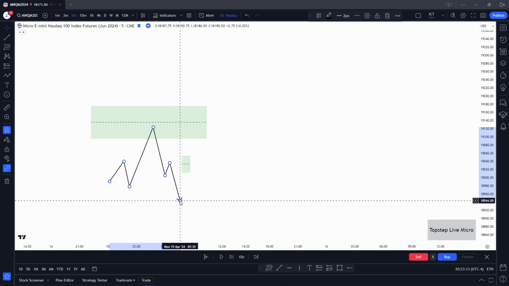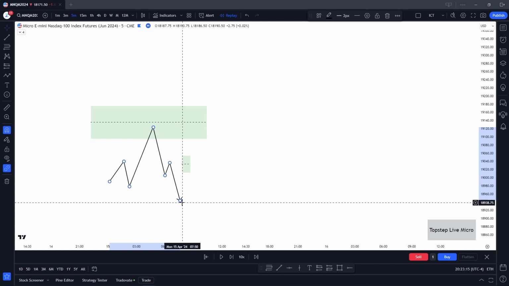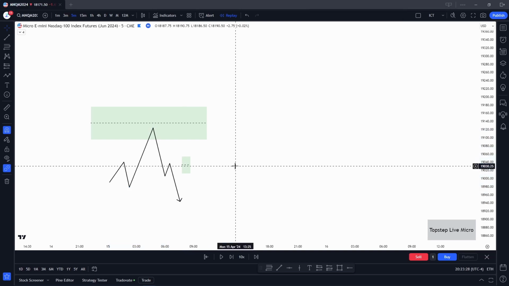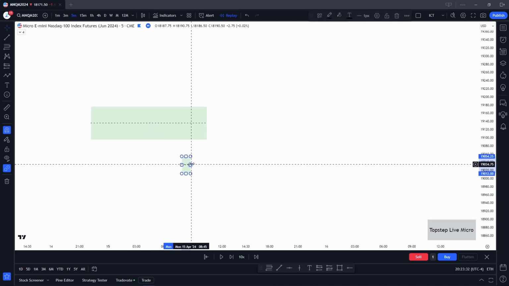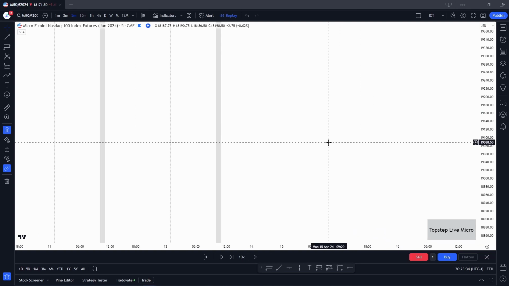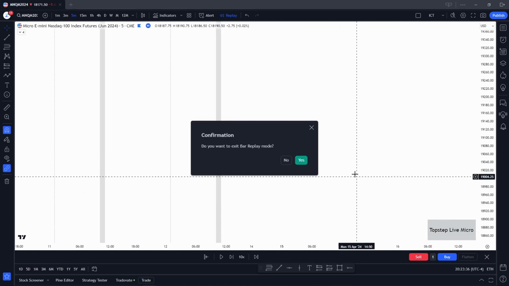That is why you want to cut your risk when price hits your higher time frame POI before 9:30, as it's pretty hard to catch the high of the day or the low of the day when the manipulation already happened and you missed out on it. So that's two reasons to cut your risk and not fully trade.